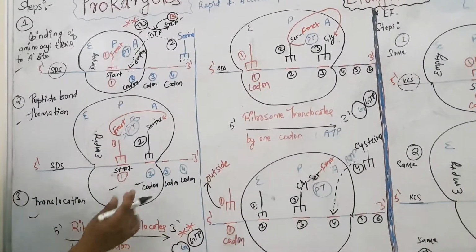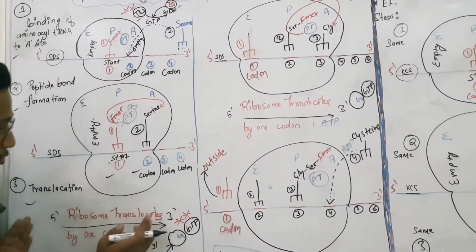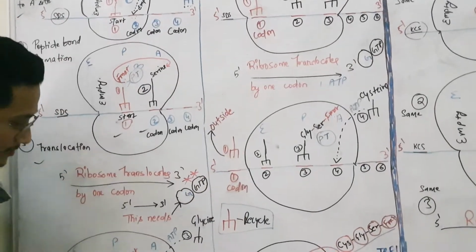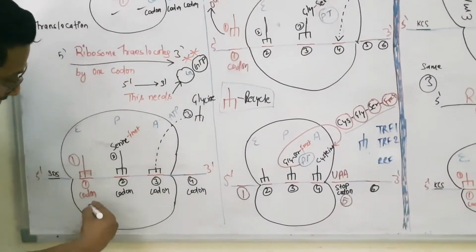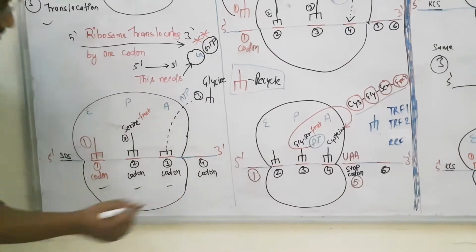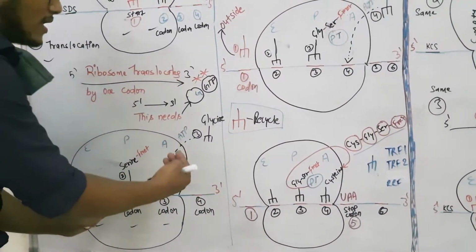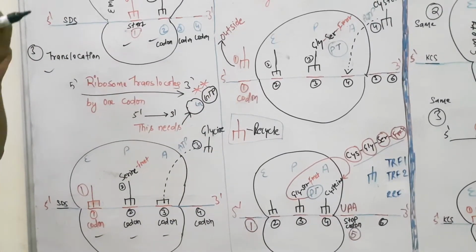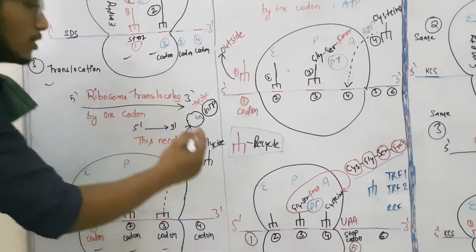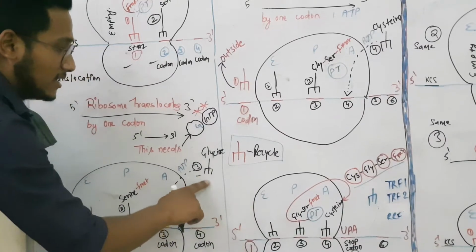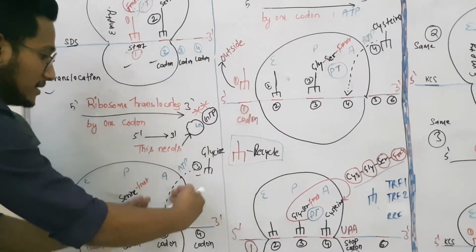So now, as this ribosome moves one codon ahead, what happens? These two codons were already made. Now the third codon enters. Again, the aminoacyl tRNA synthetase, which is specific for this third tRNA, which carries glycine, will enter.